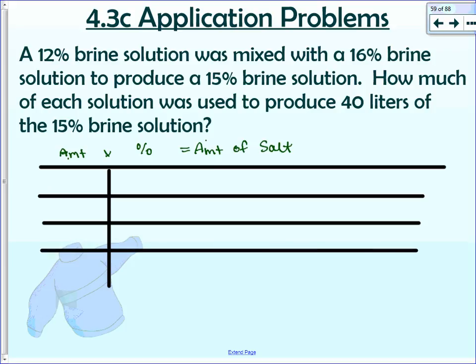And so looking at this, it says we have a 12% brine solution, and it's mixed with a 16% brine solution. To produce, and so that's where I'm going to do my whole double line down here. I'm mixing to produce a 15% brine solution.